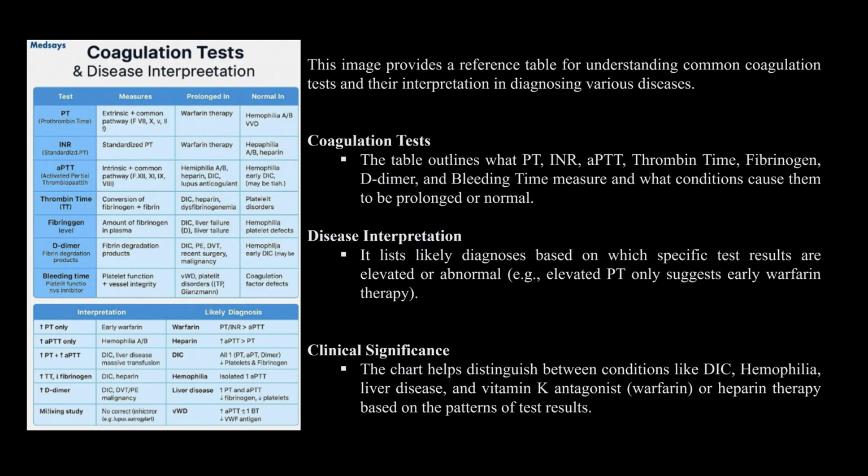Bleeding time prolonged: platelet dysfunction, aspirin use, or VWD. Abnormal in DIC, disseminated intravascular coagulation: low platelets, low fibrinogen, and high D-dimer.